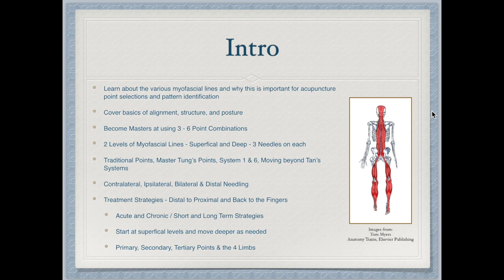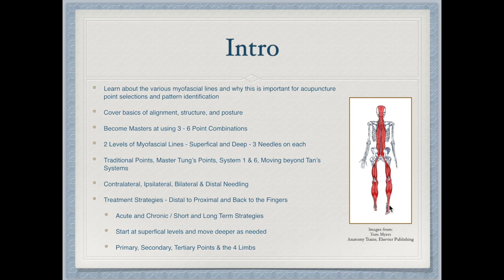And then the System 6 connection is when you use points on a meridian that has pain or symptoms. So for instance, if a client has pain in their neck, in the urinary bladder meridian, or in the upper back, or in the low back, if there's pain along this meridian, the foot Tai Yang meridian, we can use points on the same meridian or on the same fascial line, and we'll do that on the same side.